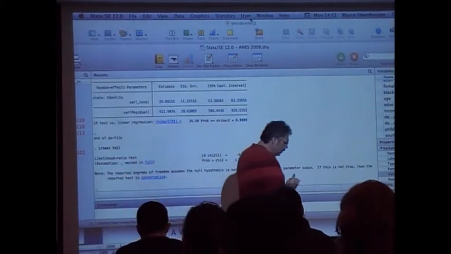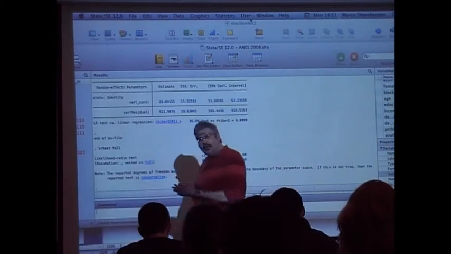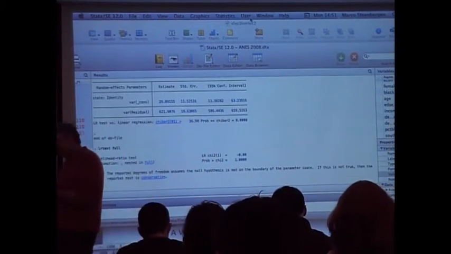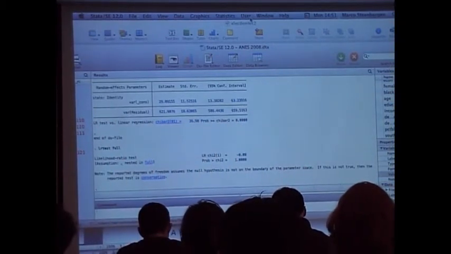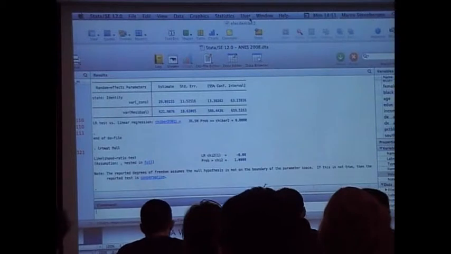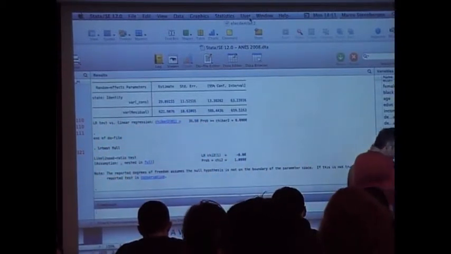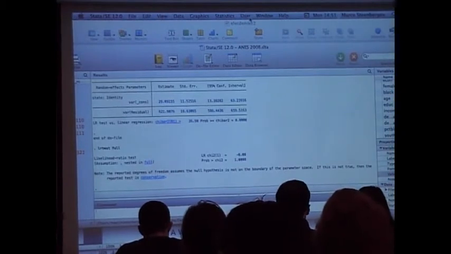Or you could do it at level 2. You could say, well, these level 2 covariates that I'm adding, how much do they really explain in terms of the variation in intercepts or the variation in slopes? And I want to just briefly show you how to calculate that.